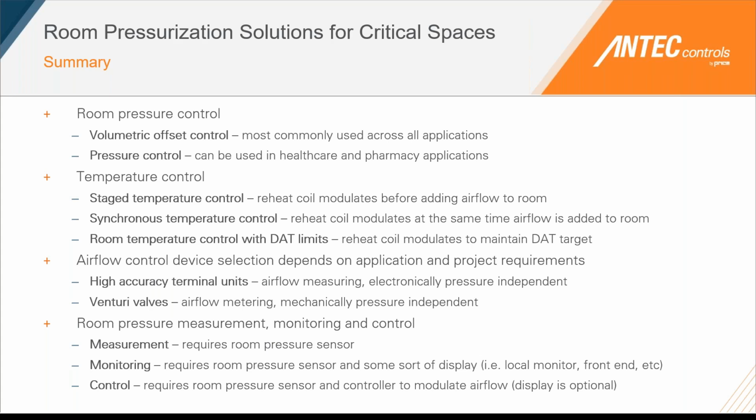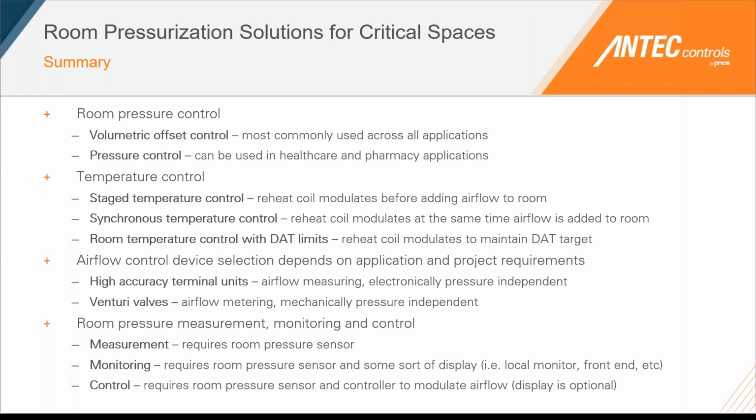And lastly, we finished off by talking about the differences between room pressure measurement, room pressure monitoring, and room pressure control. With room pressure measurement, we typically require a room pressure sensor to give us a feedback mechanism. Room pressure monitoring is where we have a room pressure sensor and some sort of display, so it could be through the local monitor or a front end remote display.